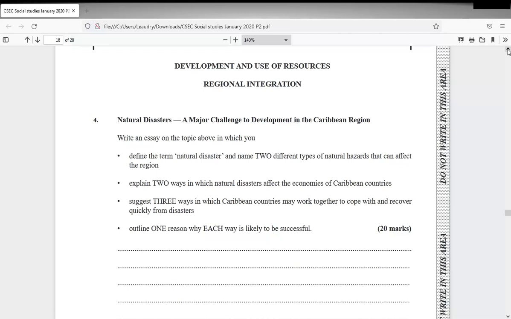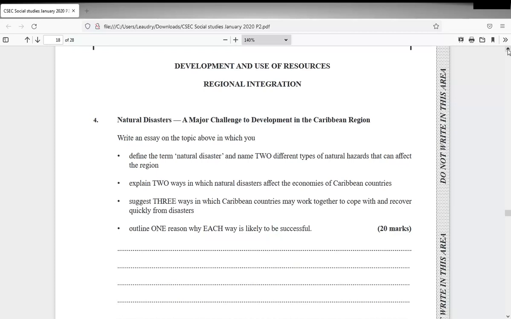Another way that Caribbean countries can assist is by providing funds, donating funds, money in monetary terms, so that they can assist the countries that are affected badly by these natural disasters.